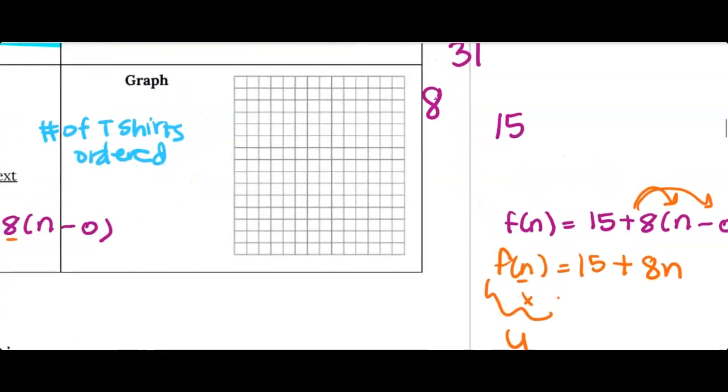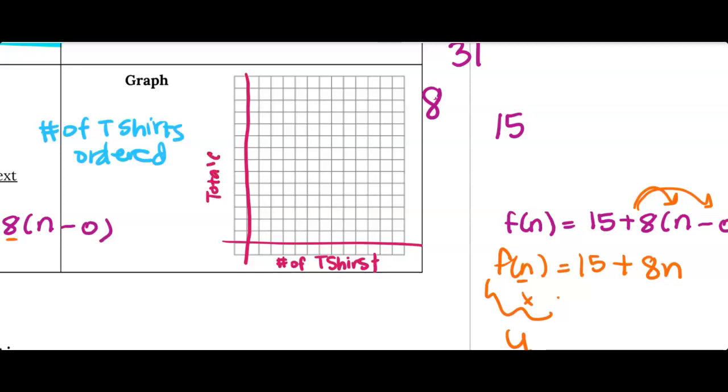When we graph it, make sure you label your axes. So our x was the number of t-shirts, and our y is our total cost. So we'll go ahead and plot those points from the table.